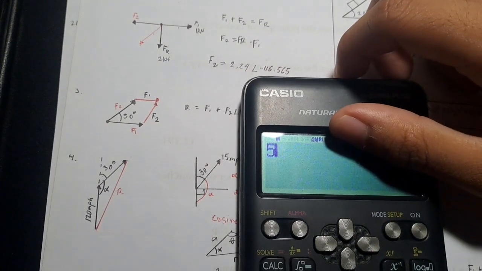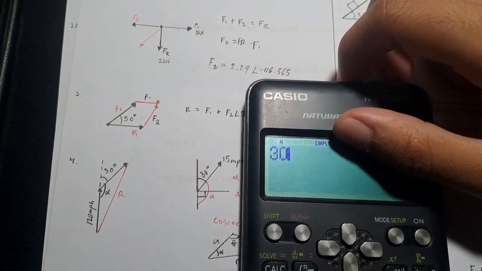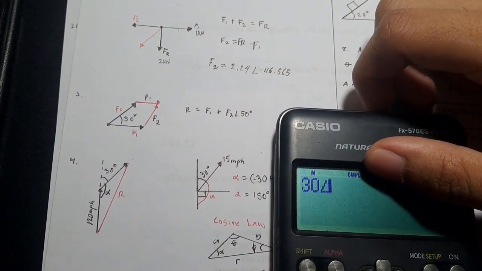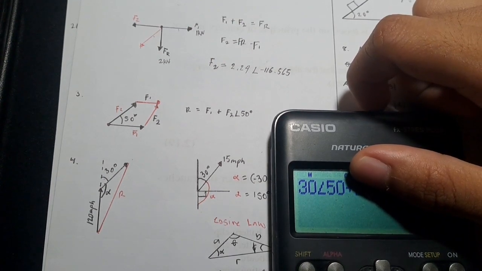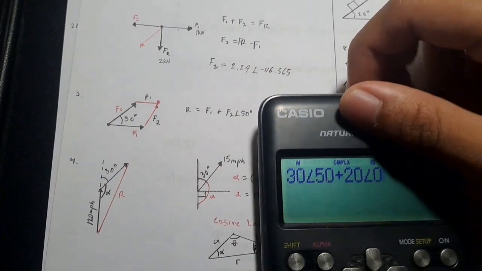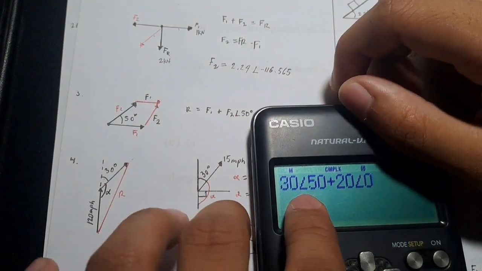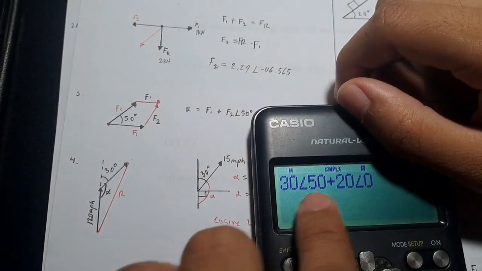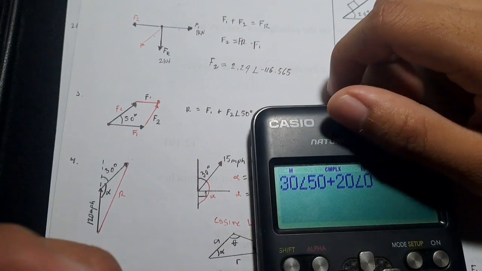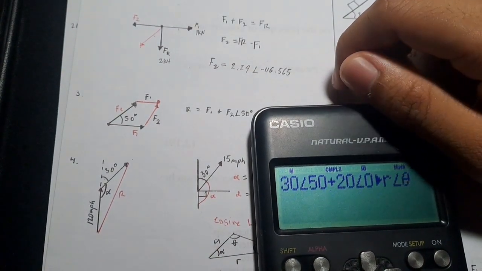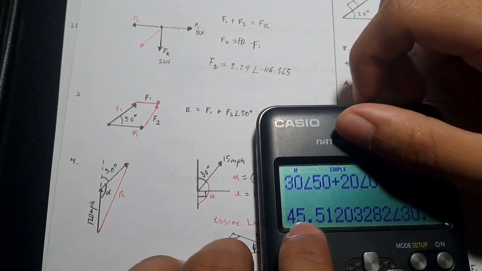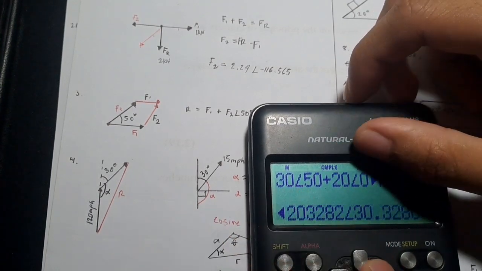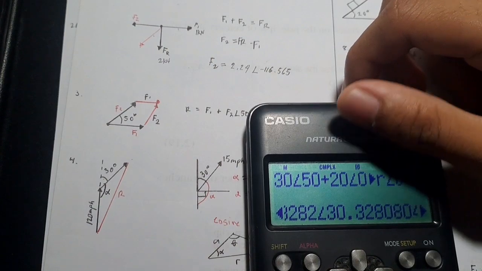So that can either be 30 angle they are separated by 50 degrees plus 20 angle 0, either ganyan, or si 20 yung may angle na 50 at si 30 ay may angle na 0. So shift 2, 3. So we have 45.51 magnitude niya at ang angle niya is 30.33.